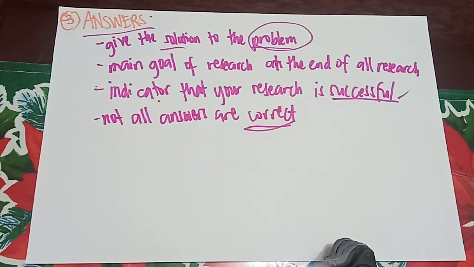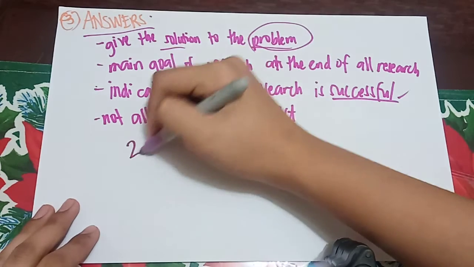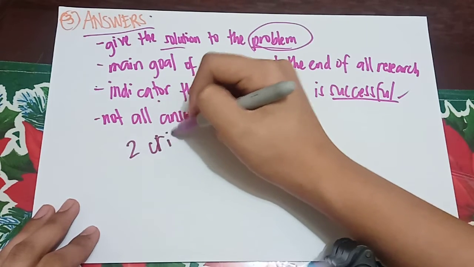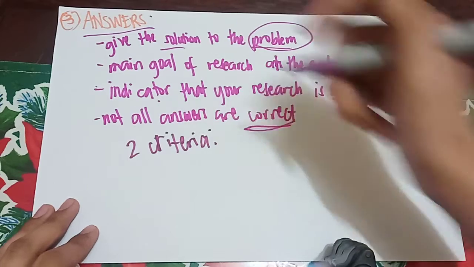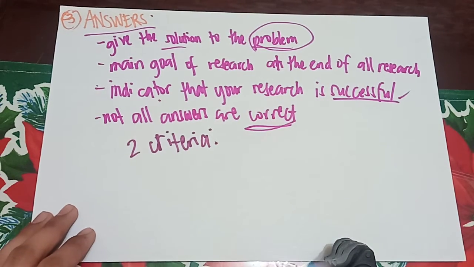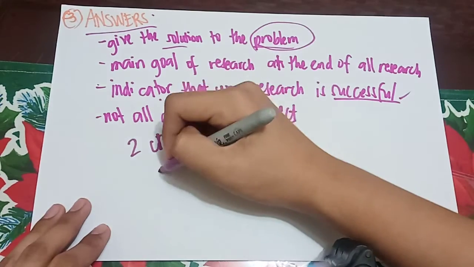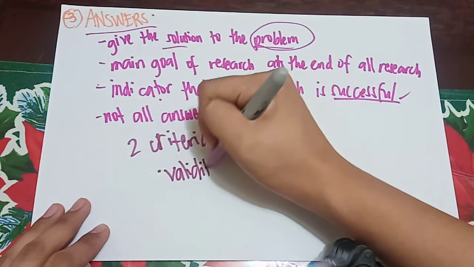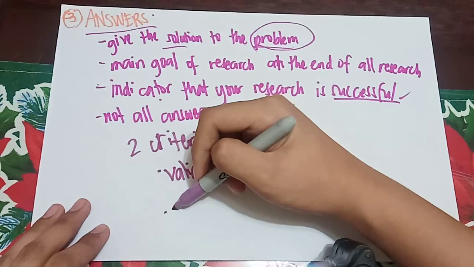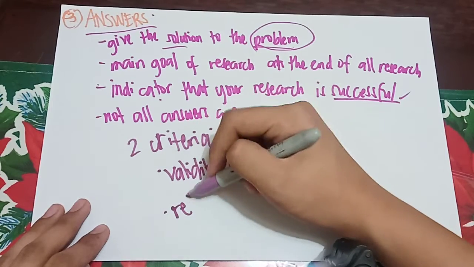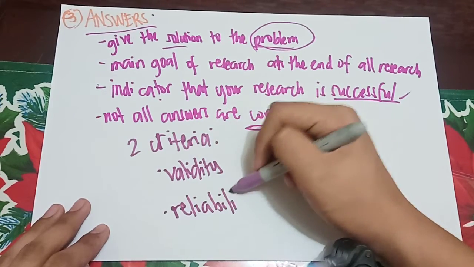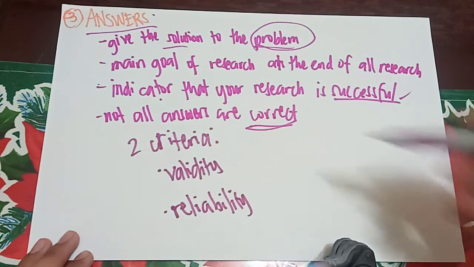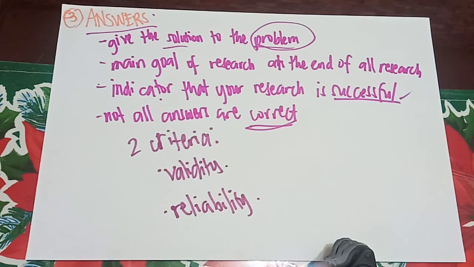However, you can determine if your answer is correct using these two criteria. Number one, the validity. And number two, the reliability. These two factors will tell if your answers are correct.